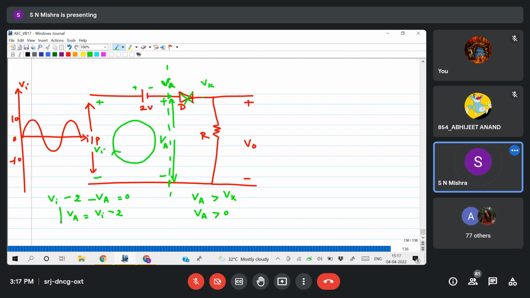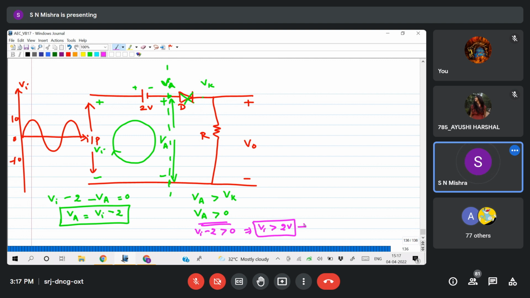Understood how I have brought this? Now Va must be greater than 0 so that the diode is on. So Vi minus 2 must be greater than 0, which implies Vi must be greater than 2 volt. Then the diode is on.